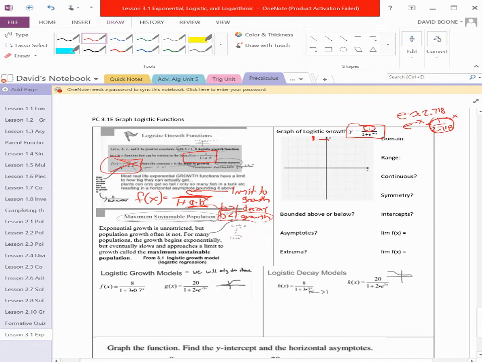And halfway between this value of 0 and 1 is 1/2. That's going to be the y-intercept, and we'll talk about that down here in a second. But I just want to give you the general gist of what this graph does first. It's going to come in like this, and kind of lane change this way sideways.